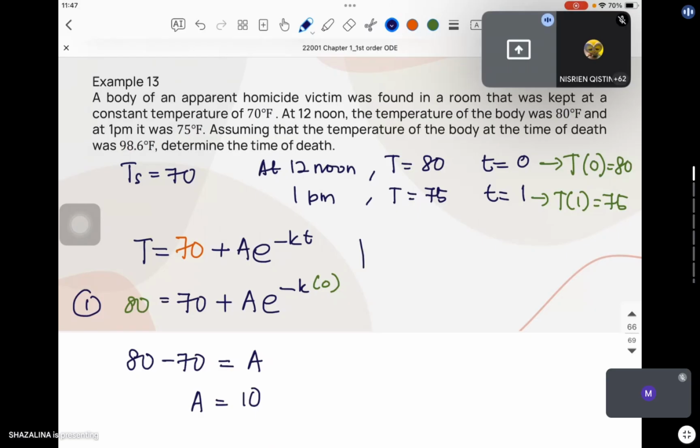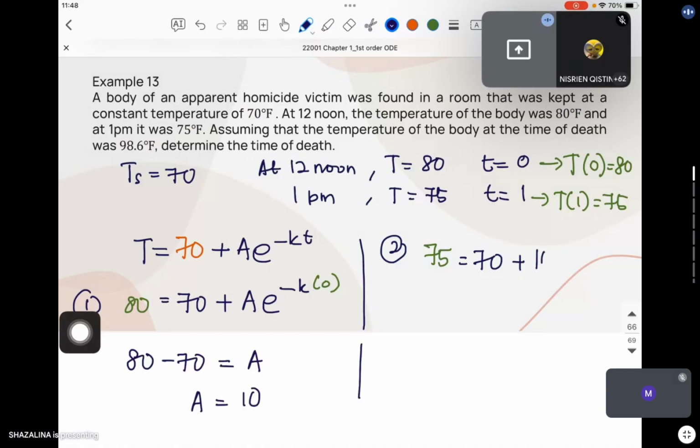Okay, second condition. 75 equals 70 plus A. Kita dah ada value, A equals 10.